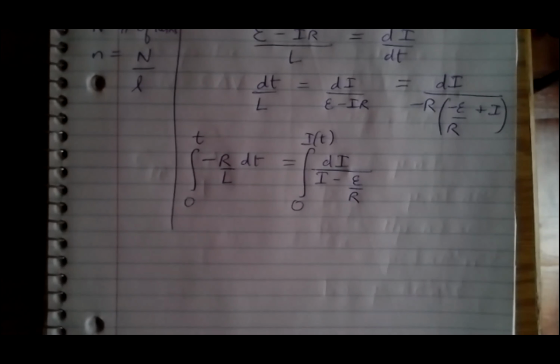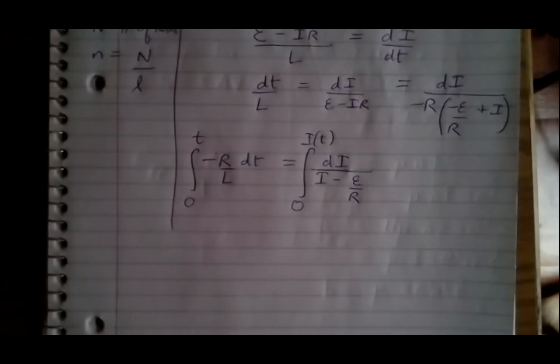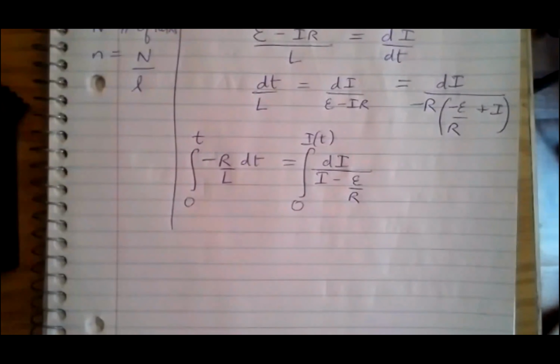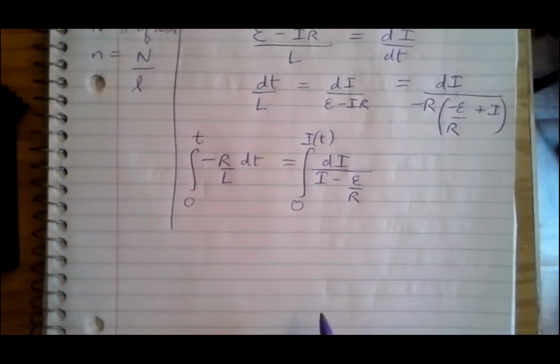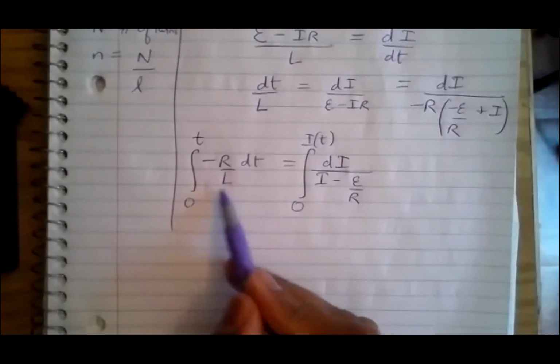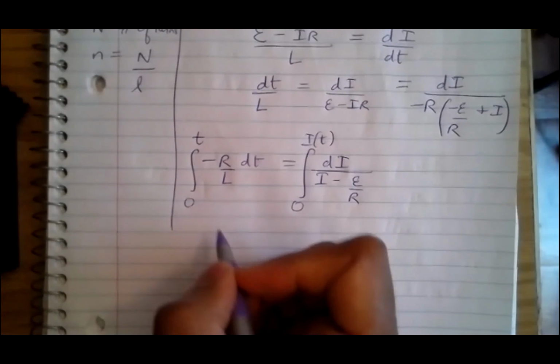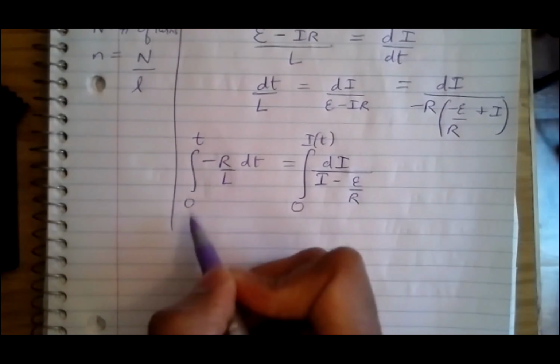It's getting a little dark here. Let me just hold on one second. Let's plug in. All right, a little bit better. So on this side, R and L are constant, so I just get t evaluated at t and 0.